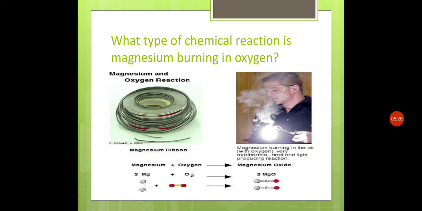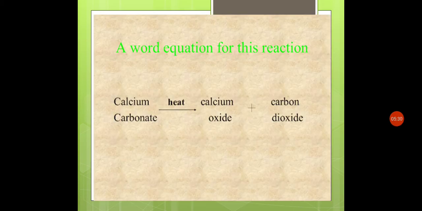A large amount of heat is given out. Here is the word equation for this reaction. Calcium carbonate is heated: the reactant is calcium carbonate and the products are calcium oxide and carbon dioxide.